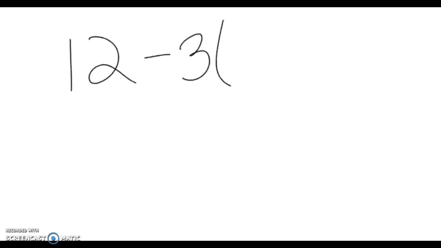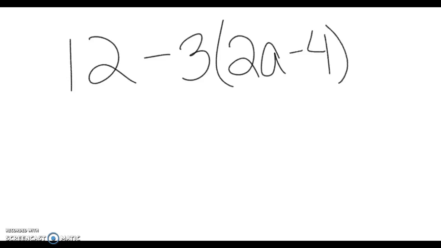If there happens to be other things outside, such as, let's try 12 minus 3 parentheses 2a minus 4 parentheses and then minus a. I'm going to just concentrate on the parentheses part first.